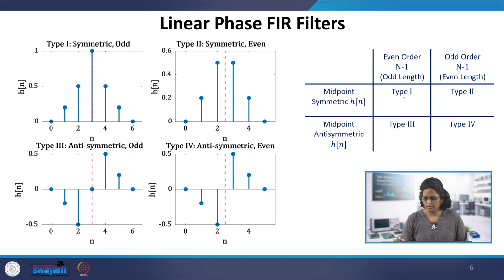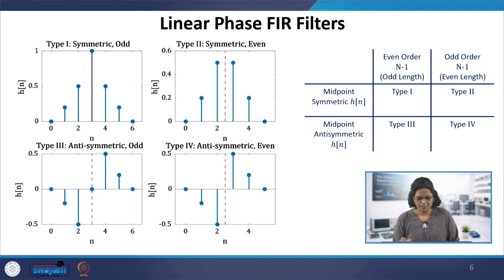So type 1 will have odd length coefficients. Here we can see from 0 to 6 there are 7 coefficients, so the length is odd, and it is midpoint symmetric with respect to 3. These two coefficients have the same value of h of n. So this is midpoint symmetric with respect to 3 and odd length.